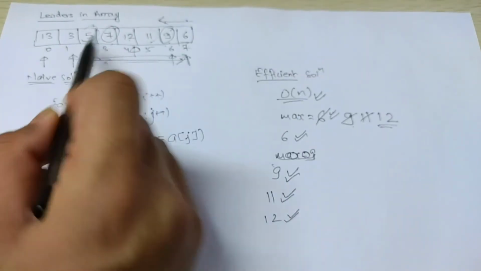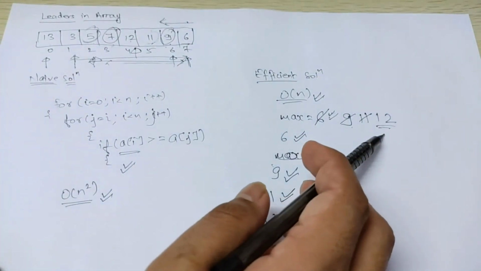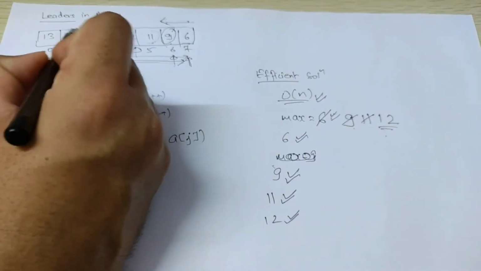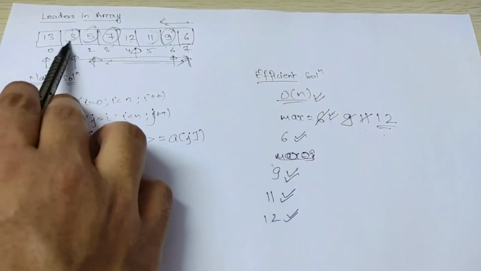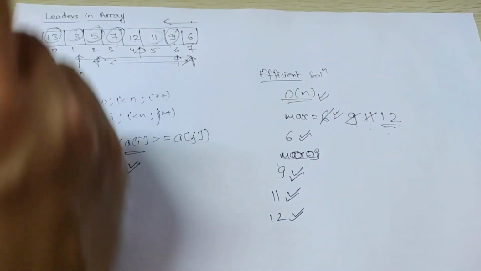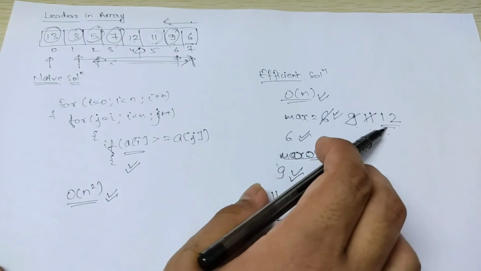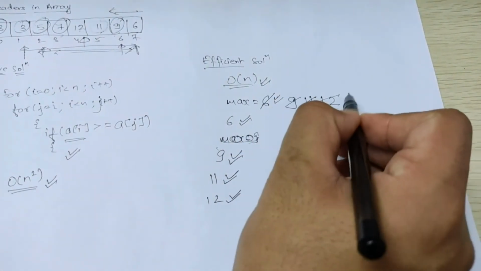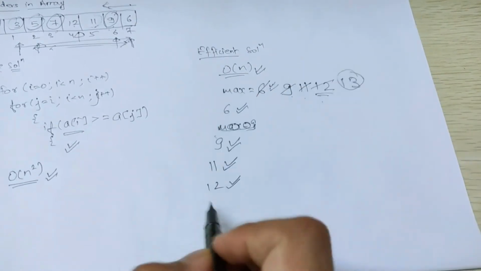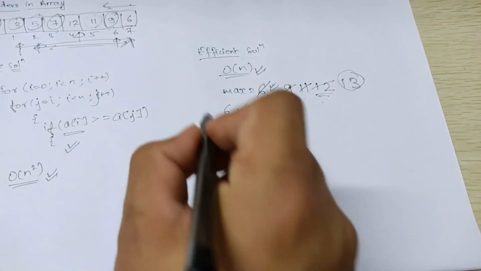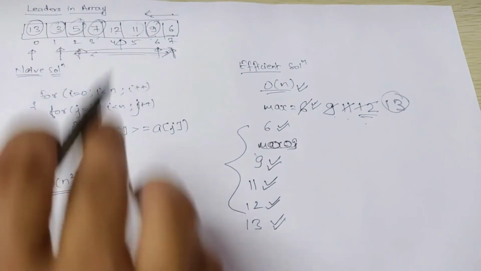You'll compare 5 with the maximum element and 5 is smaller than 12, so 5 is also not leader. You move again to the left, 3, you compare 3 with the maximum element, 3 is smaller, so 3 is not the leader. Now you come to the 13, you compare with the maximum element, 13 is bigger, so 13 will become maximum, and thus 13 is also the leader. So you got all the leaders present in the array.